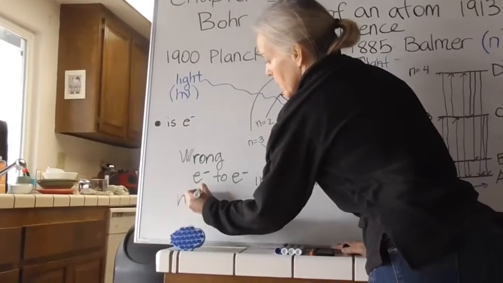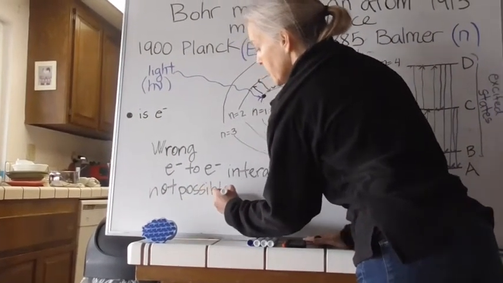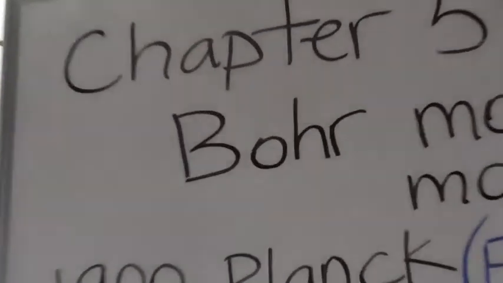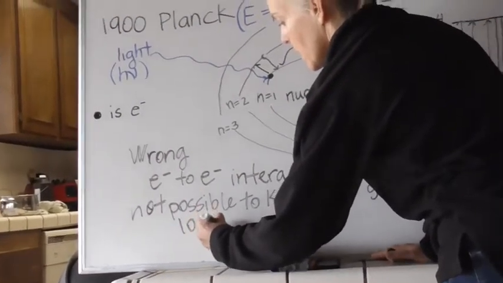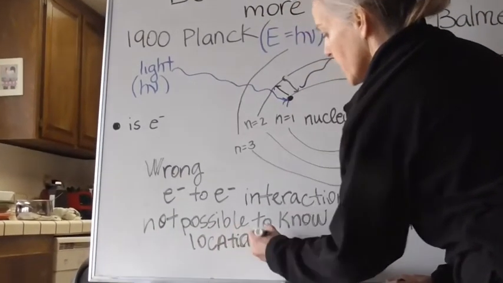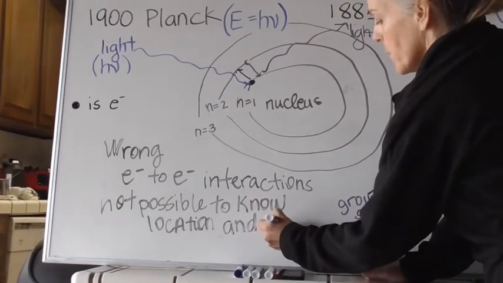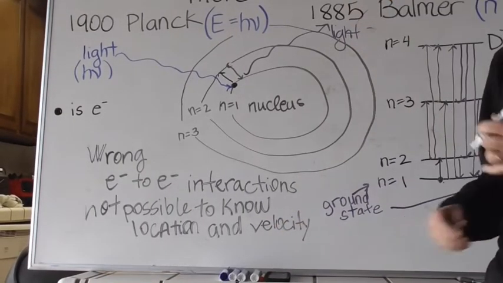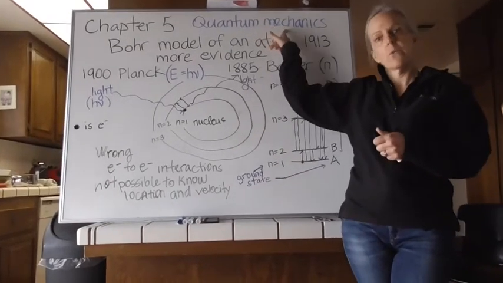And then the other thing is, Bohr said they moved in orbits, but it's not possible to know the location of the electron and the momentum, or we'll just say the velocity, of the electron. So the next thing we're going to talk about is finally getting into quantum mechanics, since we've built up to this point.